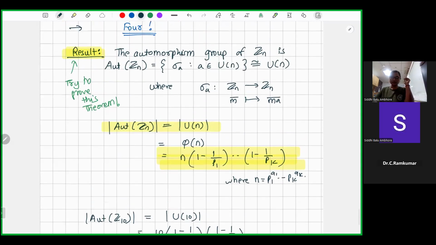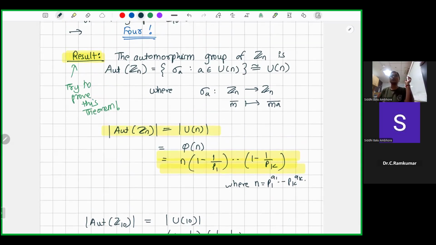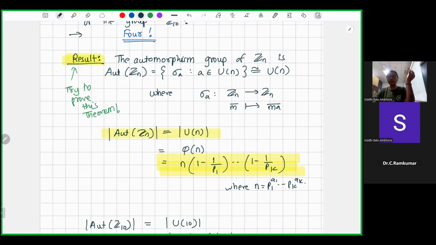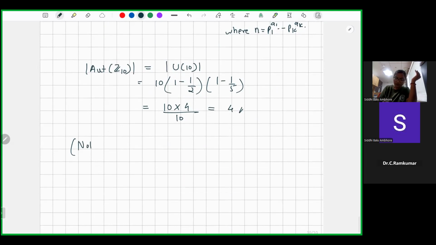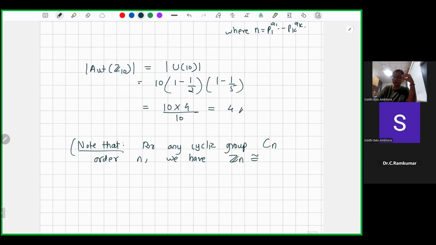This is true for any Zn, and you can apply this to any cyclic group. Note that for any cyclic group Cn of order n, we have Zn isomorphic to Cn.